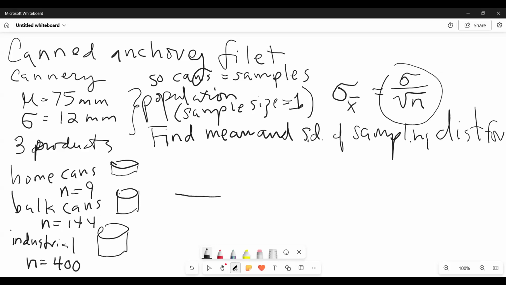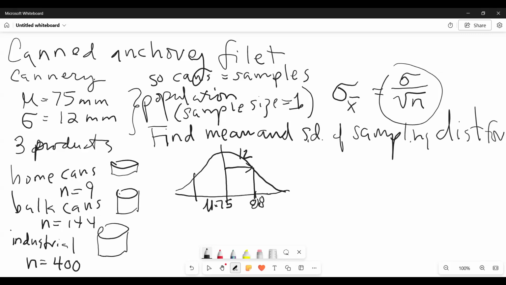Okay, so if I'm drawing a histogram of my population distribution, it's going to have mu equals 75, and its standard deviation is 12. And so over here at 80, 88, right?